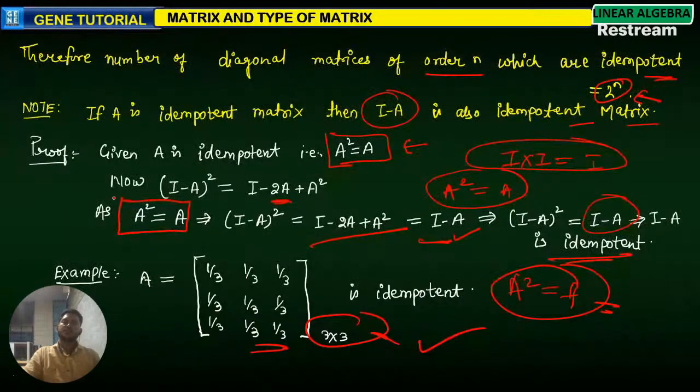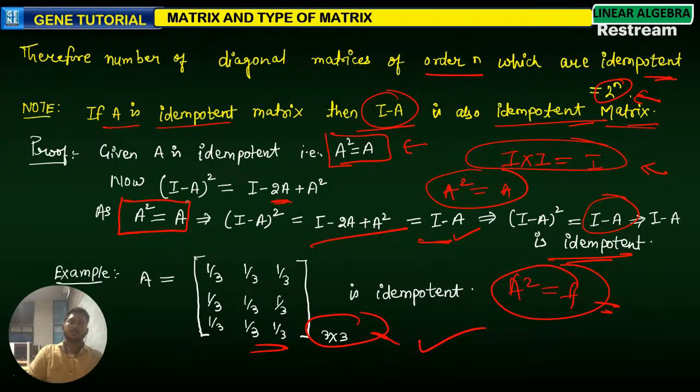If A is an idempotent matrix, then I minus A is also an idempotent matrix. Given that A is an idempotent matrix, that is A square is equal to A.